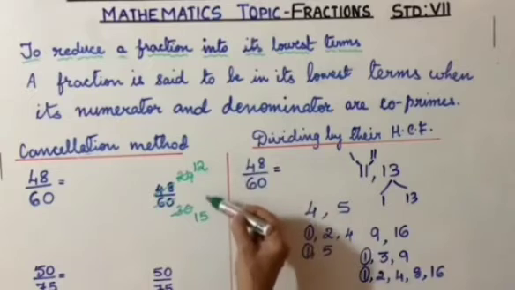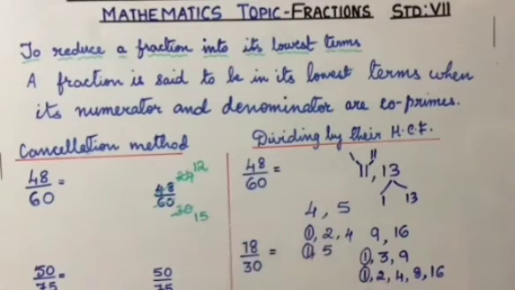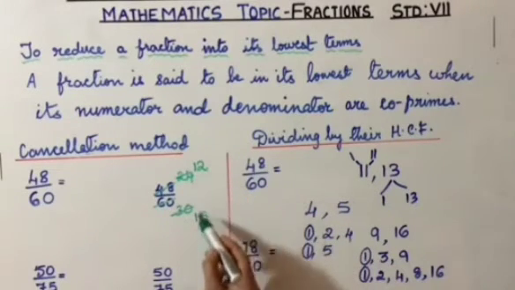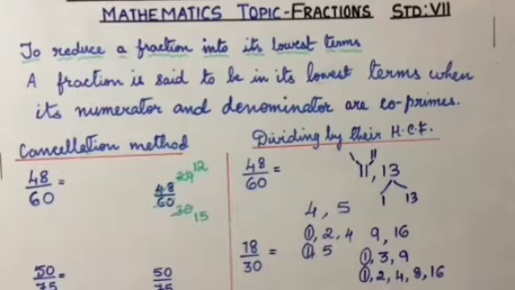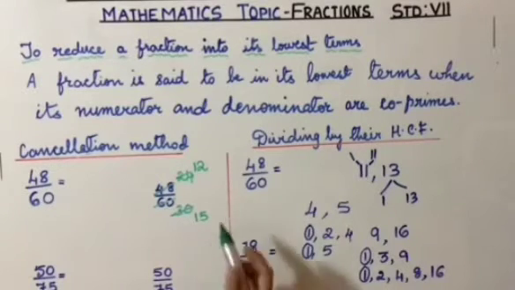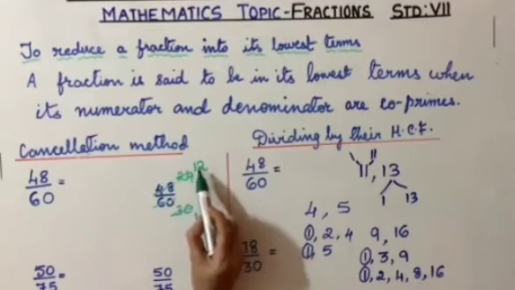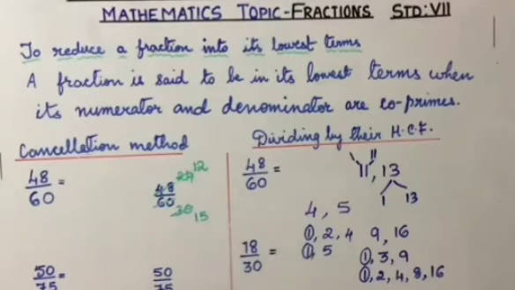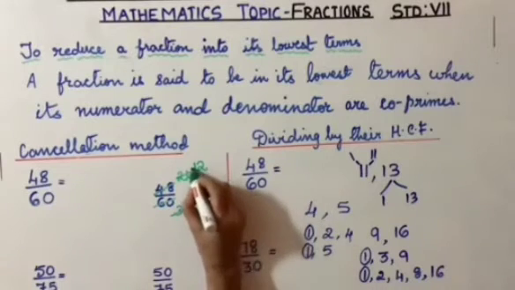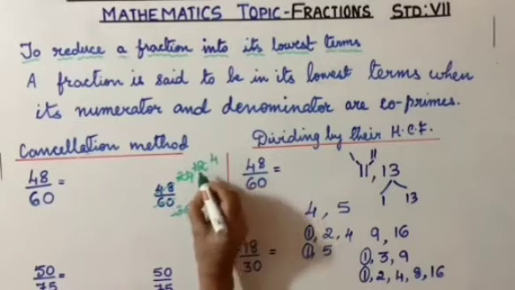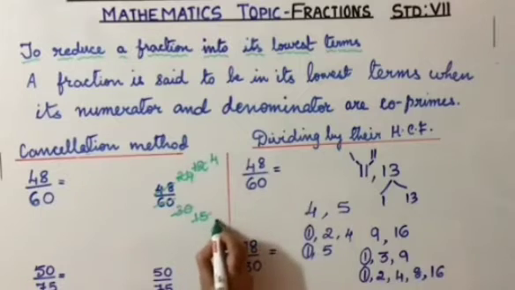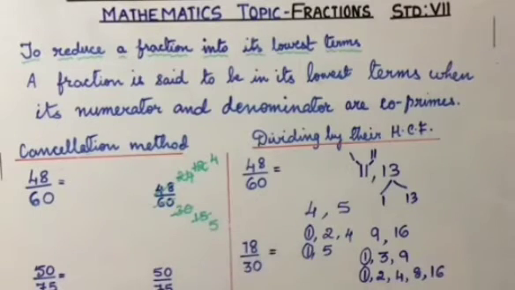Do they have anything common, or do we stop? As you can see, they do have a number common. Children, please recall divisibility tests. Now, as you all can see, 12 and 15 can be cancelled or divided by 3. How? 3 4s are 12, 3 5s are 15.